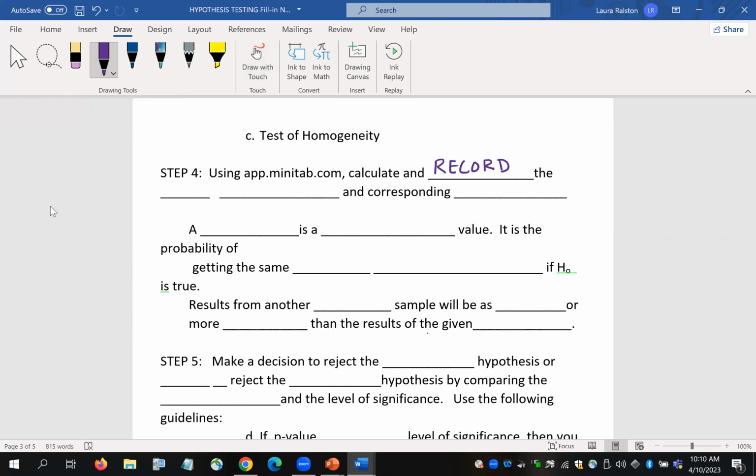You write down the test statistic and the corresponding p-value. If you're thinking about this in terms of a court case, this step where you are calculating and recording the test statistic, this is your evidence. Okay? This is like the evidence that's being presented in the court case.